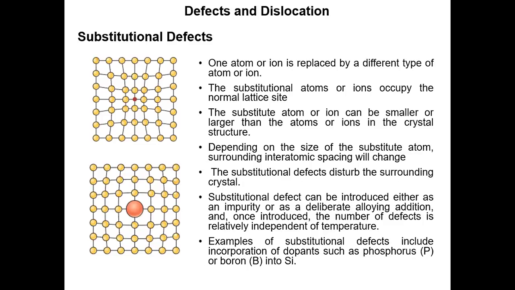Examples of substitutional defects include incorporation of dopants such as phosphorus or boron into silicon. We will see later, we can introduce phosphorus or boron into silicon to alter its properties. This is one example.